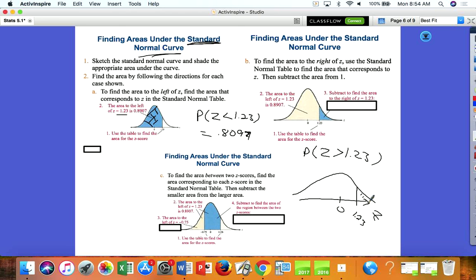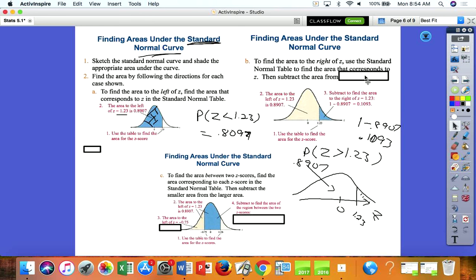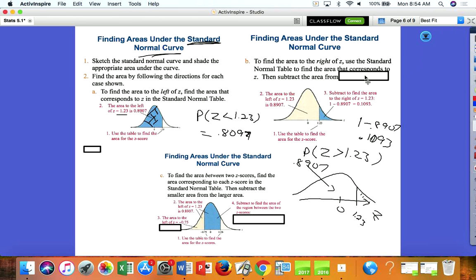And if we want to find this area here, we have to find this area, which we already know from the previous problem, and subtract it from 1. So 1 minus 0.8907 is 0.1093. Okay. So the table in the back of the book tells you the area to the left of that z-score. Okay, if you want to find the area to the right, you got to subtract it from 1.